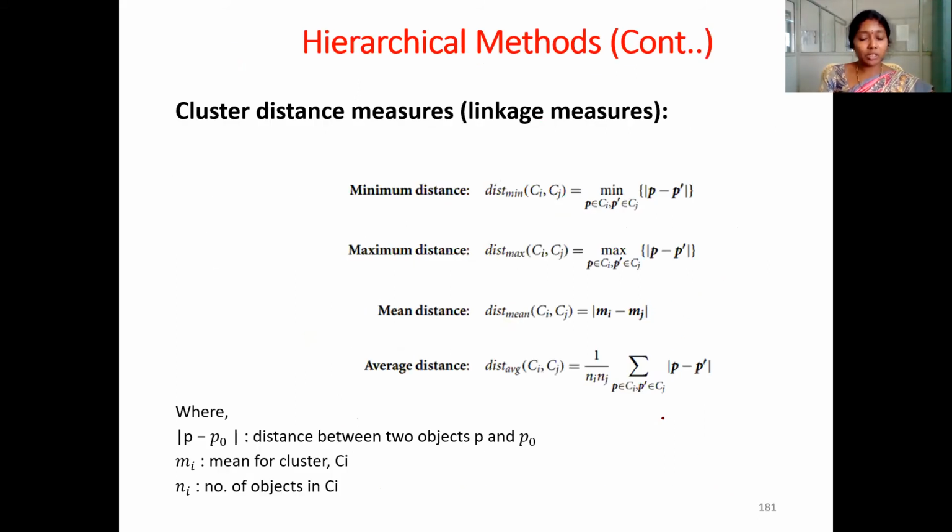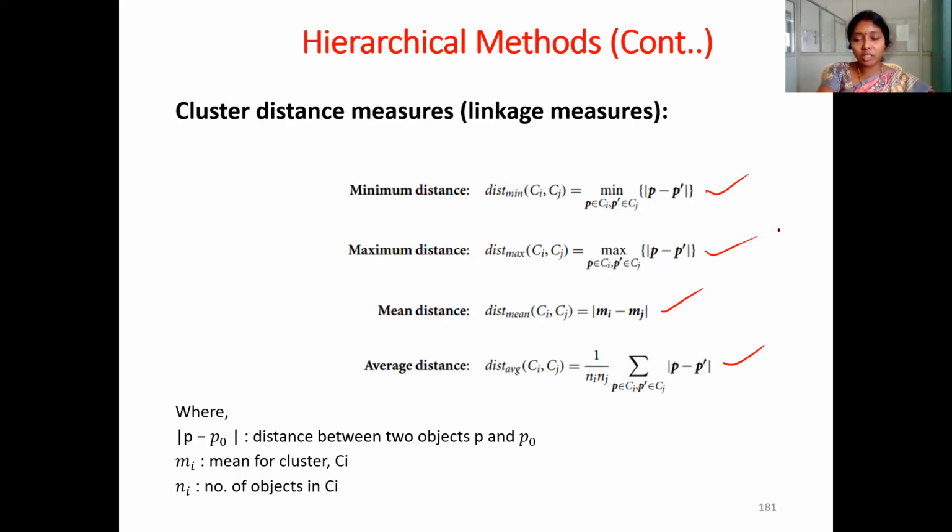There are certain measures called linkage measures to assess the similarity among the clusters. Briefly, I have already told you the similarity among the clusters is measured based on the distance between the means of the clusters, or the average distance between the clusters, or the minimum distance between the clusters, or the maximum distance between the clusters.